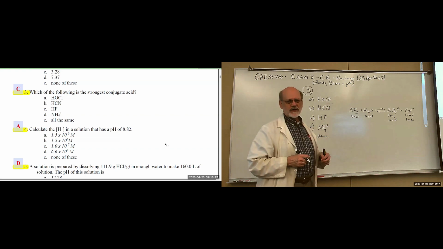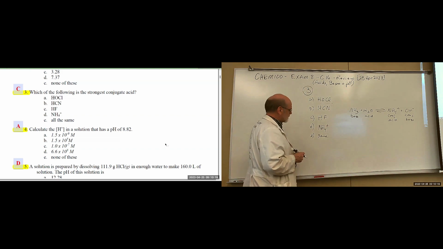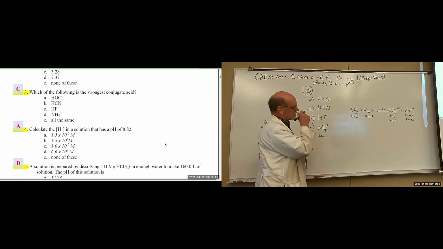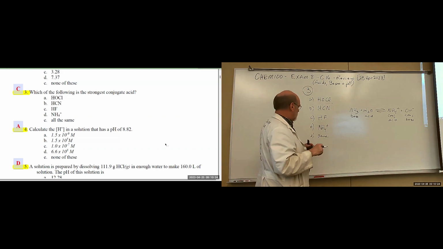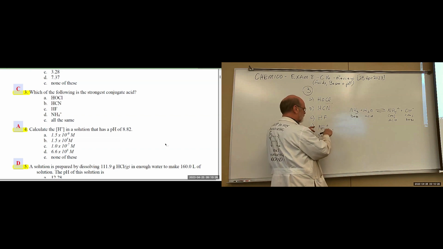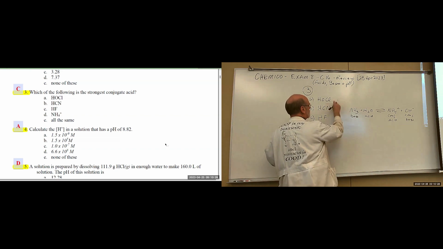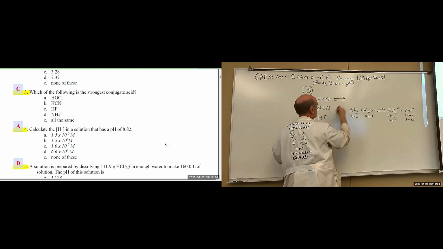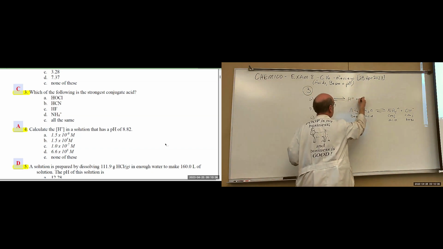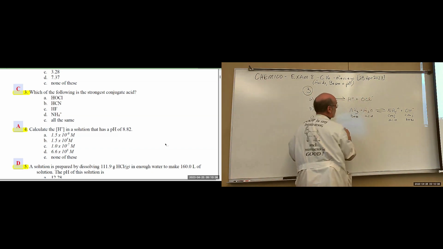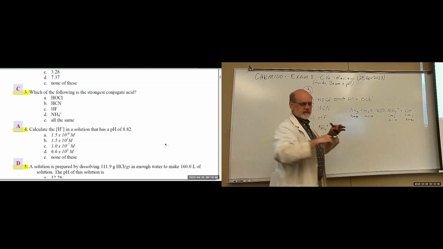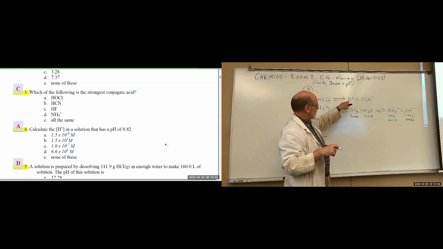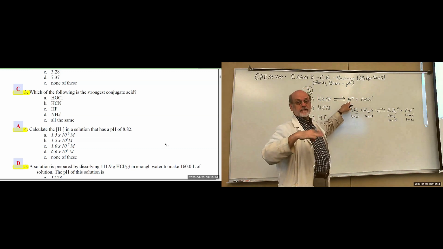So we're looking for the strongest acid. How do we determine the strongest acid? Well, if we look at the possible reactions that can occur here, if we're looking at an acid ionization, we should get a proton and that ion. Of course, recognizing that protons never exist free floating.